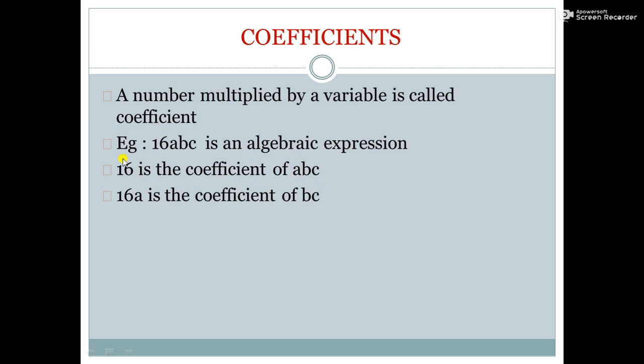That means 16 and a are the factors of this term 16abc. That means a combination of the factors can also be the coefficient of the product of the remaining terms. Here the product of the remaining terms is bc and the coefficient of bc is 16a. That is a combination of factors of this term.